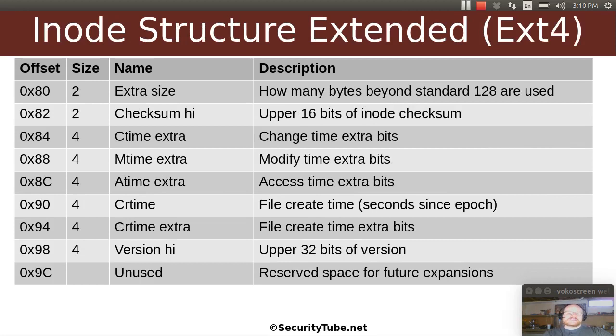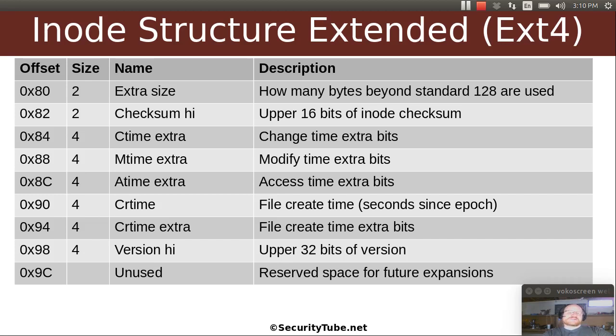Following that, we have the extra size. The extra size says, all right, a standard inode would have ended right now. So the first 2 bytes say how much additional storage is used in this inode. Then we have a checksum, and we have change, modify, and access times. And then here is something new.